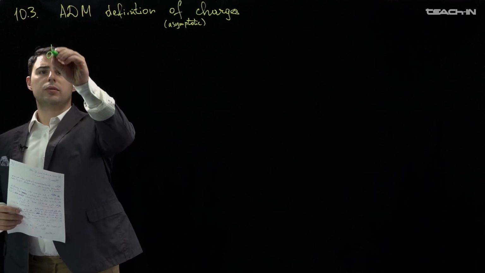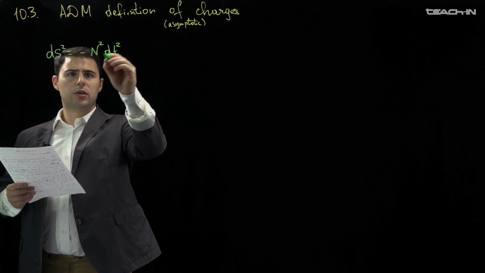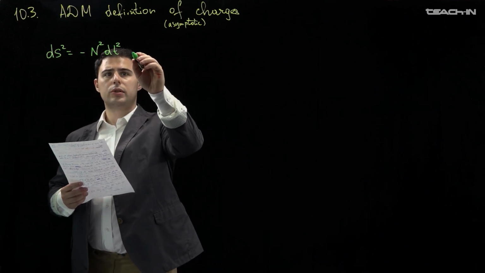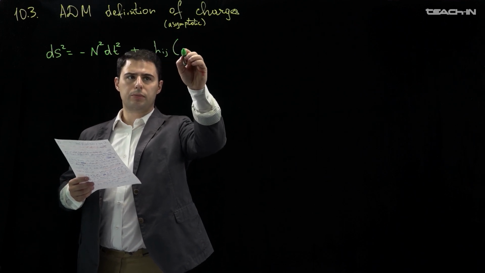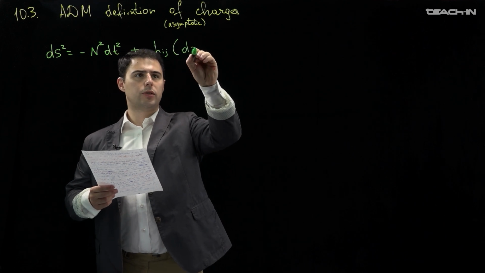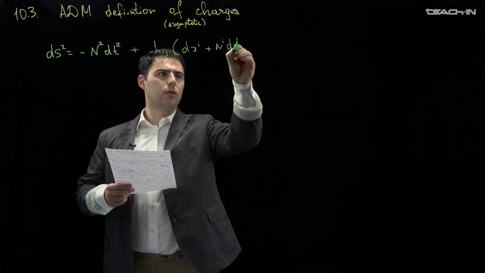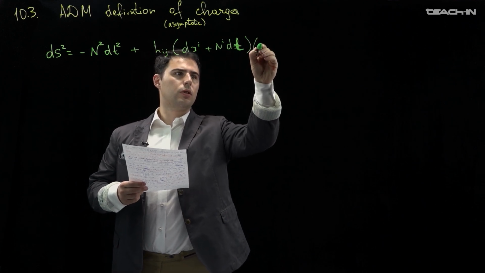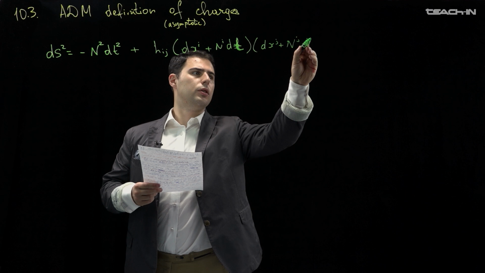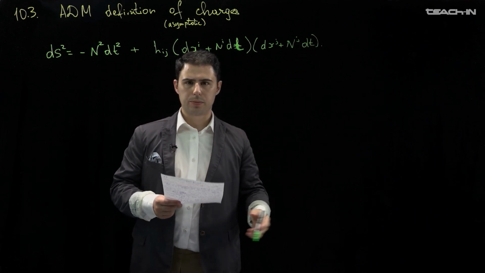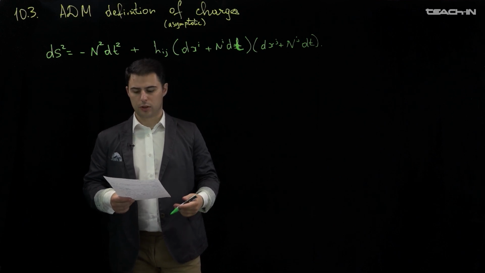The metric is given by ds squared equals minus N squared dt squared plus the metric on the spatial slice h_ij (dx^i plus N^i dt)(dx^j plus N^j dt), where N is the lapse and N^i is the shift.